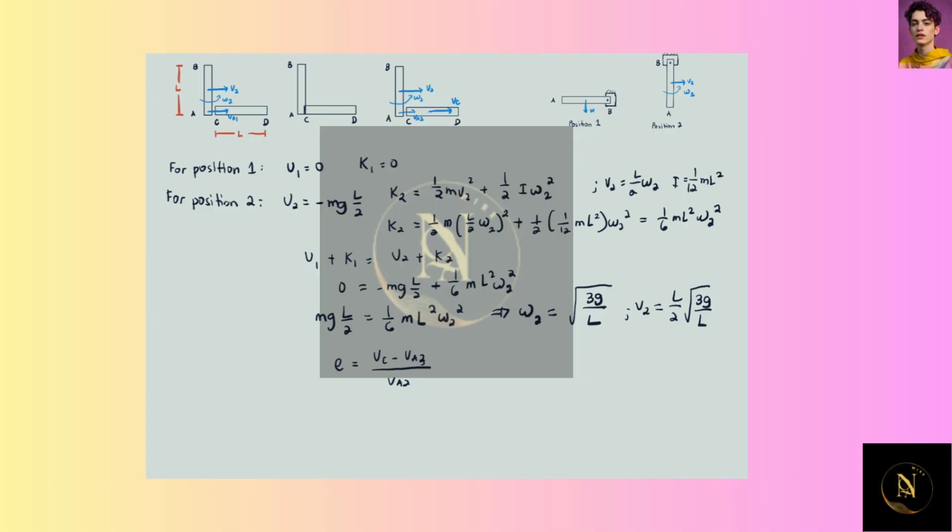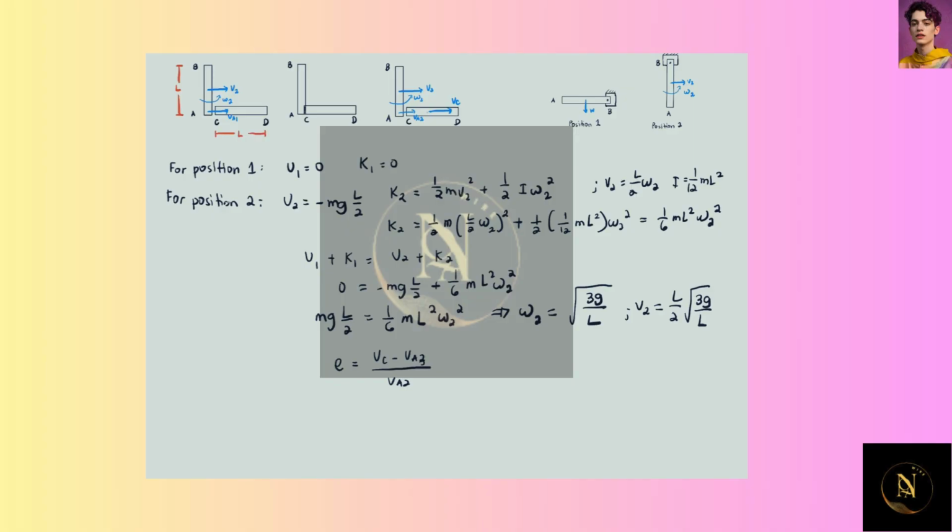As you can see in the sketch, VA2 is the velocity of point A before the impact with rod CD. Sorry, this is VA1 in my diagram. And VA3 here, which is VA2 in my sketch, is the velocity after the impact with rod CD.